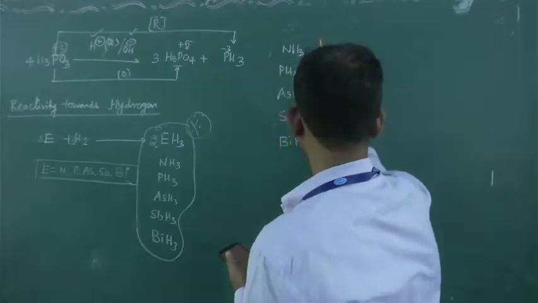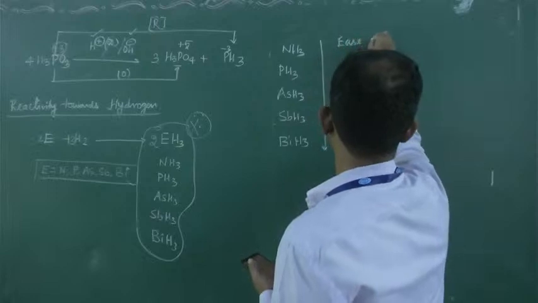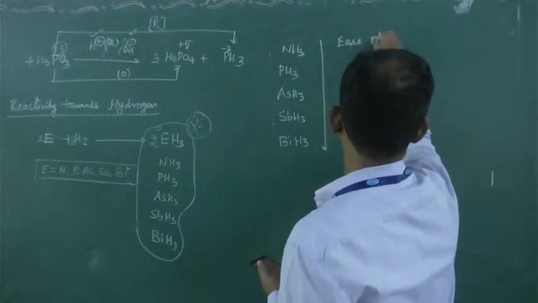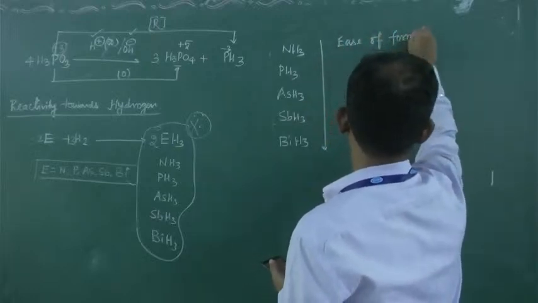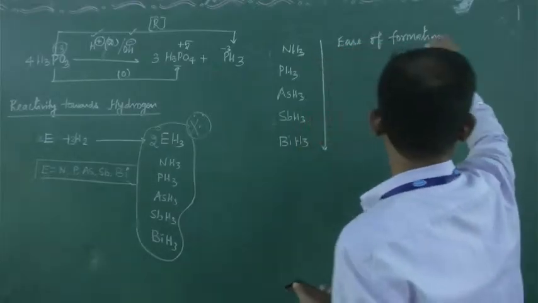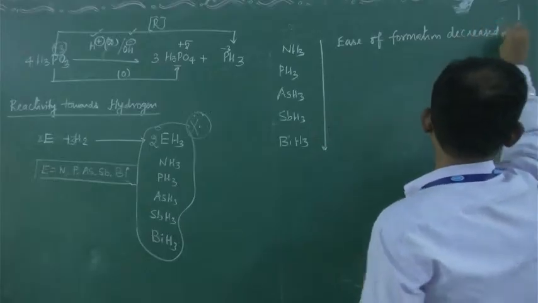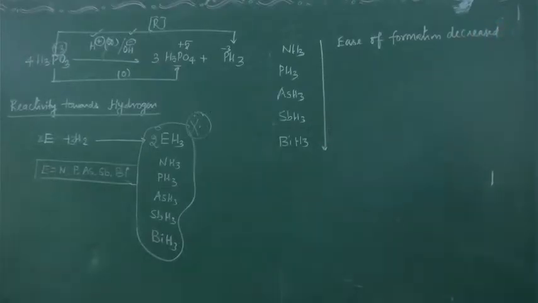Down the group, the ease of formation is going to decrease. What does that mean? Ammonia forms easily. Down the group, formation of the hydride is going to be difficult.